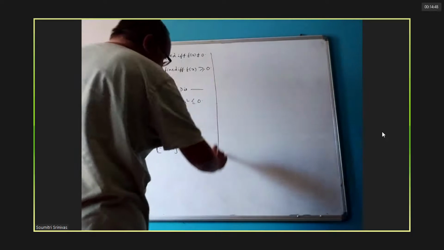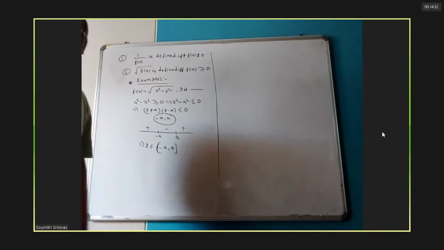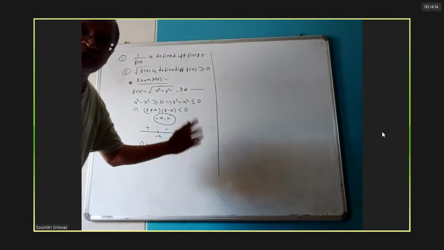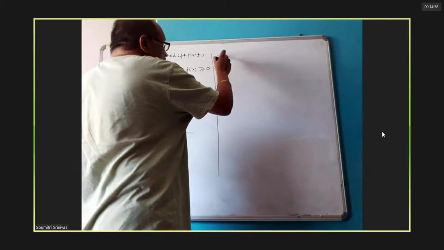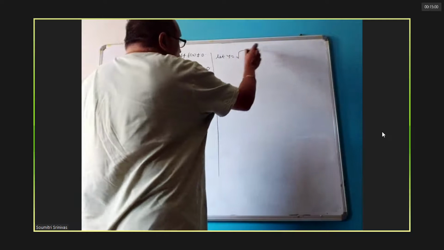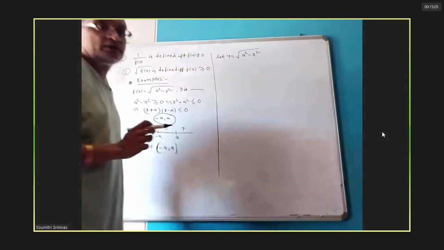Remember, this can be done in one more way. इसको ज्योमेट्री वे में भी कर सकते. Let y is equal to under root of a square minus x square.